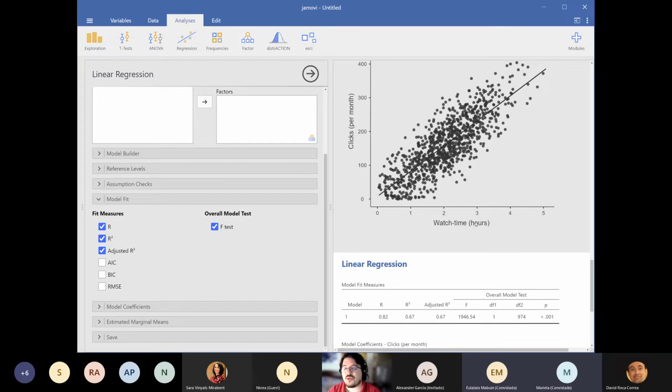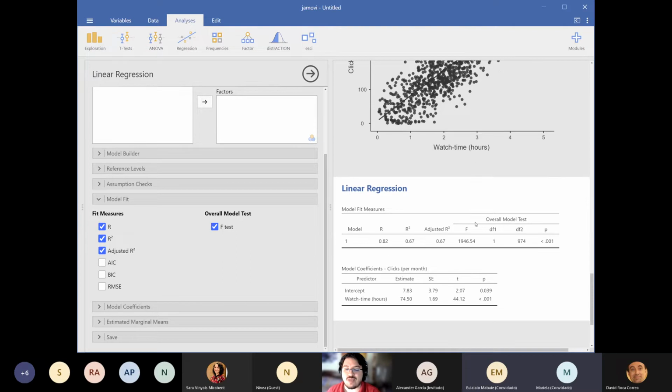So perhaps you think that your advert is more enticing to people that see it after dinner, or perhaps before breakfast. So you can have other variables that may try to predict how people would click on your website.